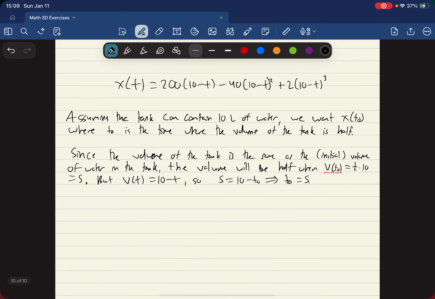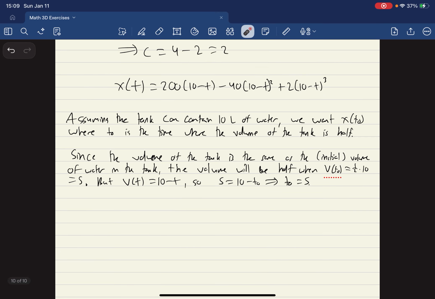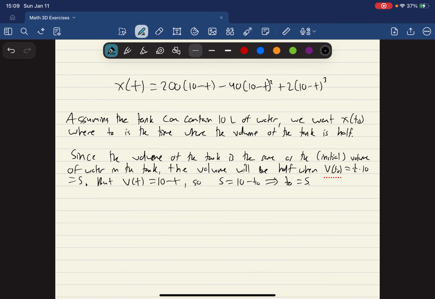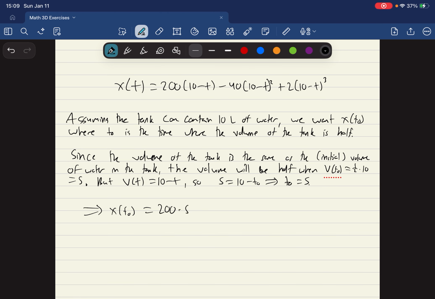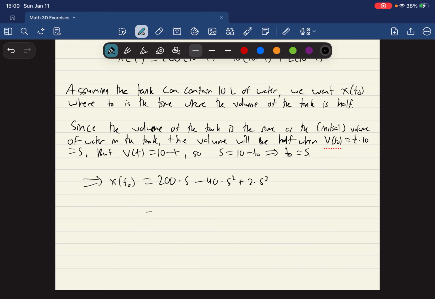And now that we have this, we can go back to our expression for x of t, and what we find is that the quantity of interest is 200 times, well, 10 minus 5 is 5, so this is 5. Minus 40, still 5, but we square it. Plus 2, and then we cube 5 here.